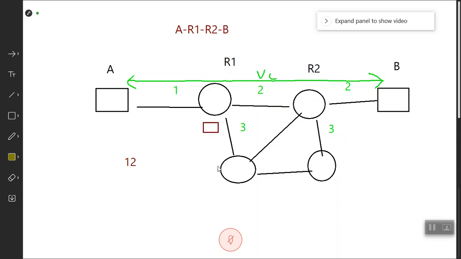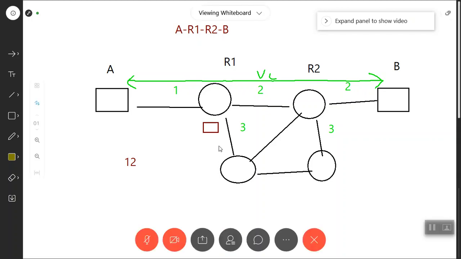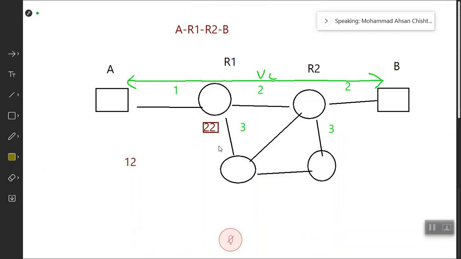And what would that entry be? 2, 2. All right. Now with this new number, R1 passes on this packet to R2. R2 receives it.